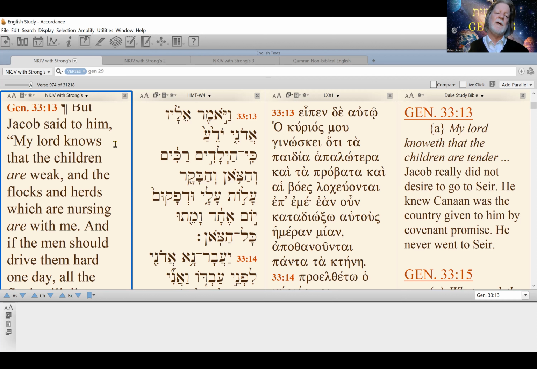Jacob said to him, my Lord, Adoni, my Lord knows that the children are weak. Now, one of the reasons I have suspicions about this is they have just traveled, how many miles would it be? 150 miles, 200 miles from Haran, escaping a pursuing Laban, so probably traveling hard and fast, with children and flocks and herds and everything.